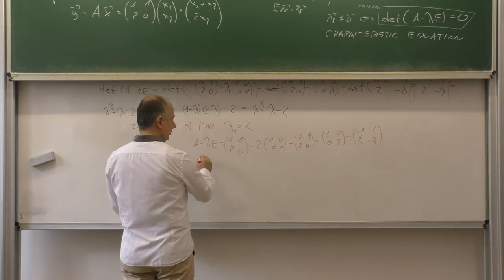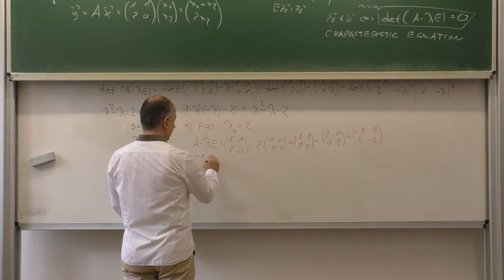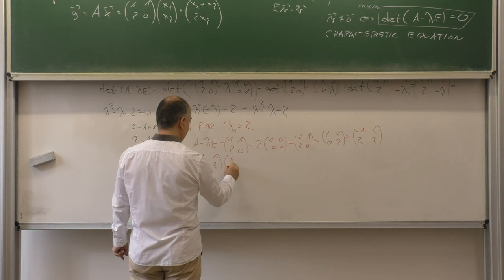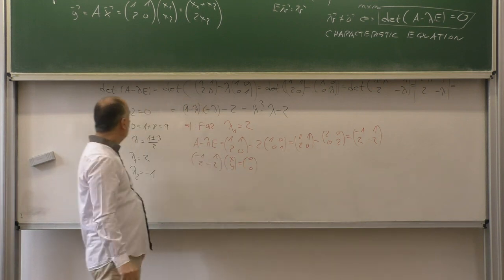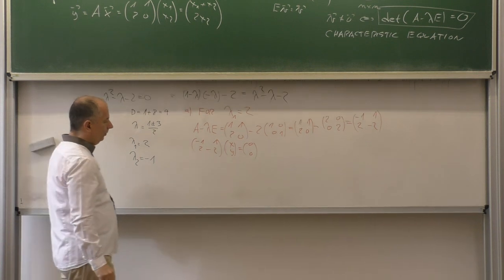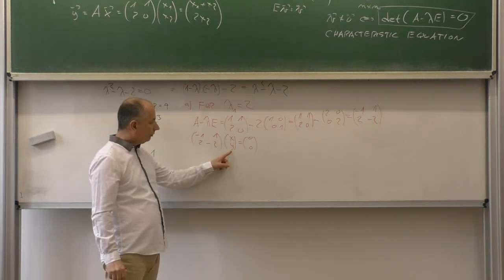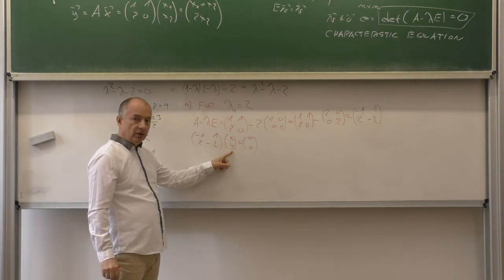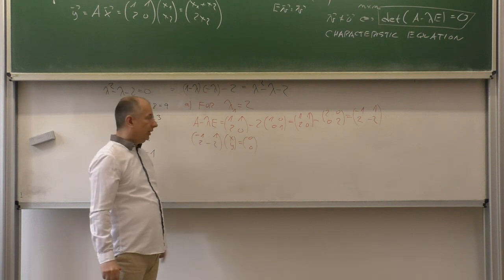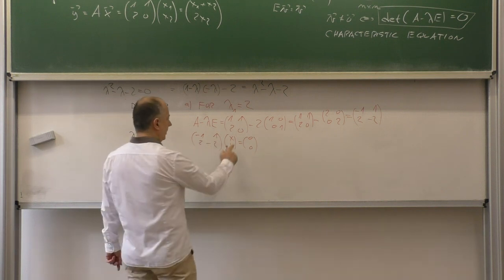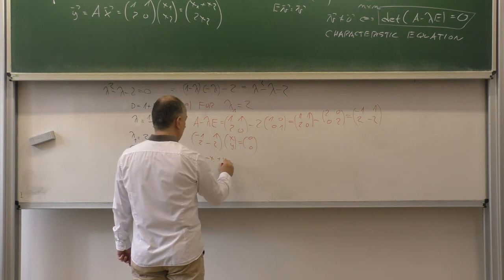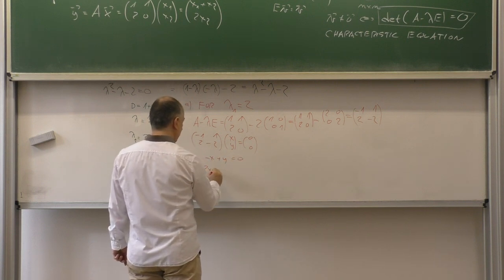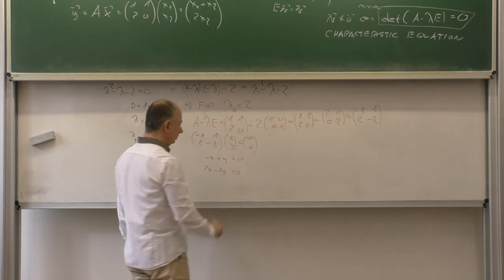So if we have the matrix A minus lambda E being minus 1, 1, 2, minus 2, then we want to find some vector, let's call it just xy for the moment. Well, the zero vector solves this, but we want some non-zero vector. This corresponds to the set of equations minus x plus y is 0 and 2x minus 2y is 0.